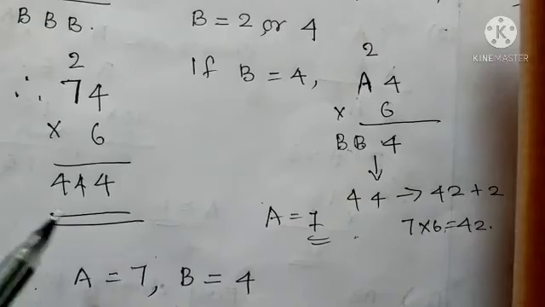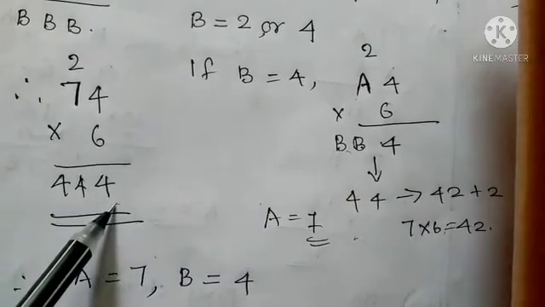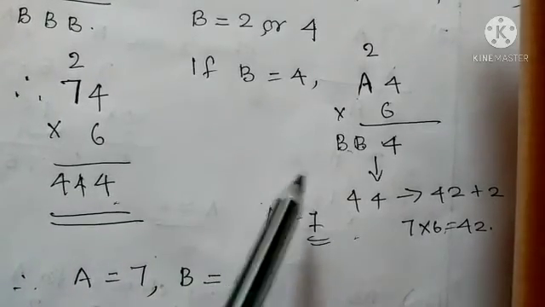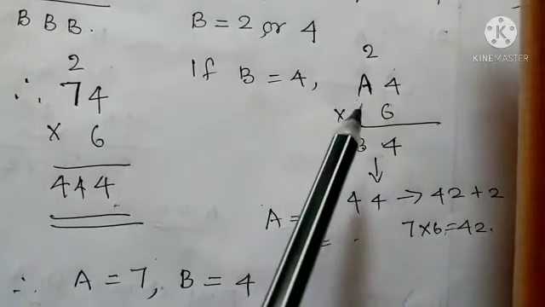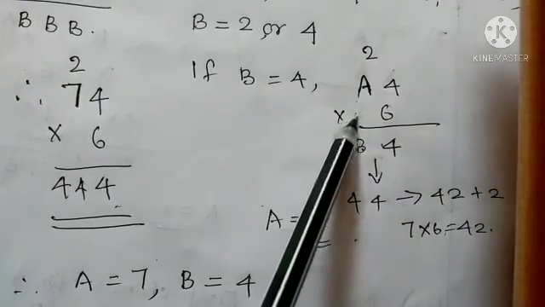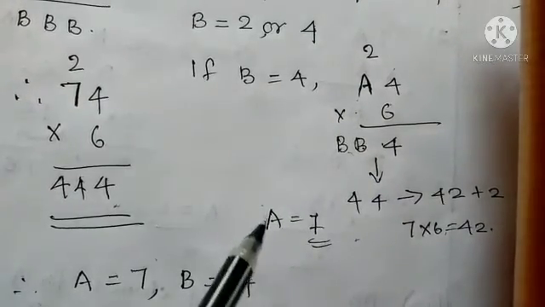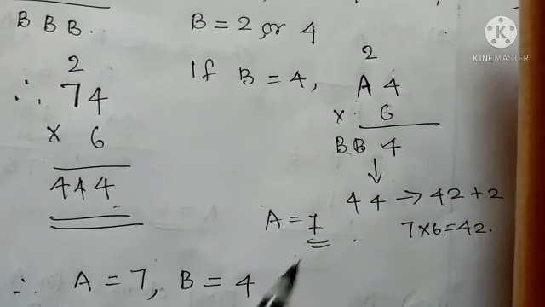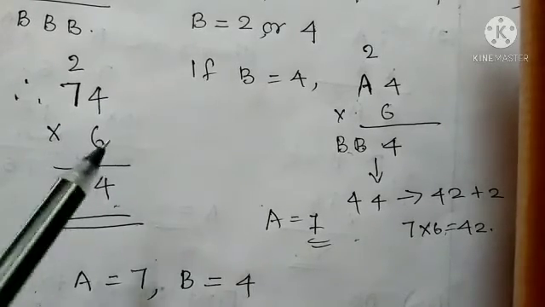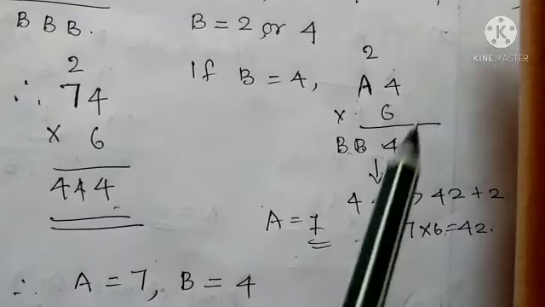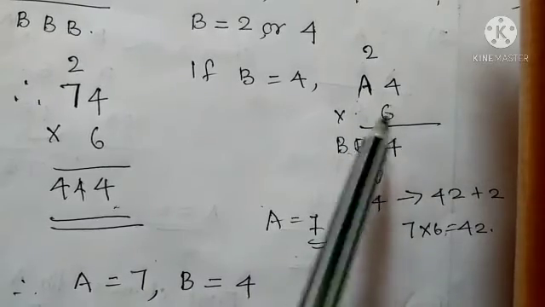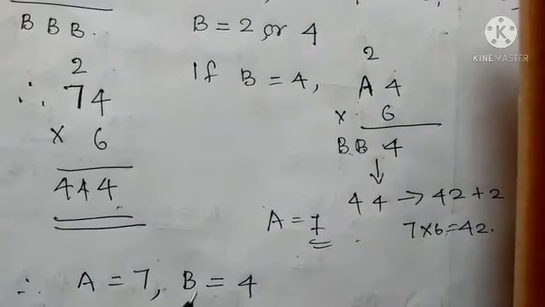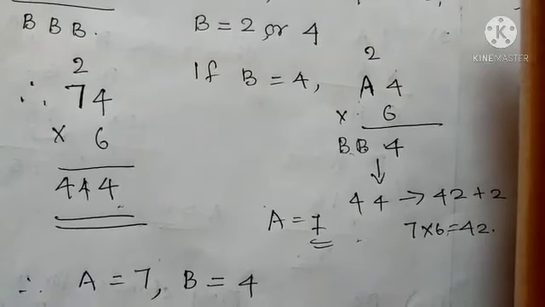Then this 4, 4, 4 we will get. Therefore we have to substitute A equal to 7 here. So A equal to 7. B equal to 4 we already substituted. So the values are A equal to 7 and B equal to 4.